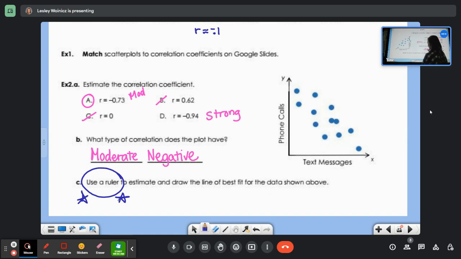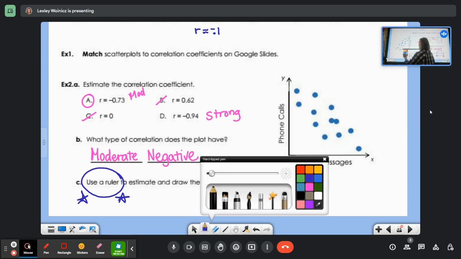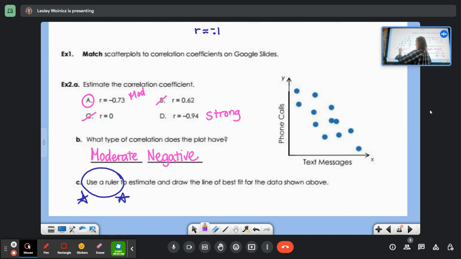So the rule for a line of best fit is that you want half of the data points above your best fit line and half below, and that it should go in the direction of your plot. For example, I wouldn't make my best fit line go like this, even though there's half above and half below, because that's going in an opposite direction from my data.